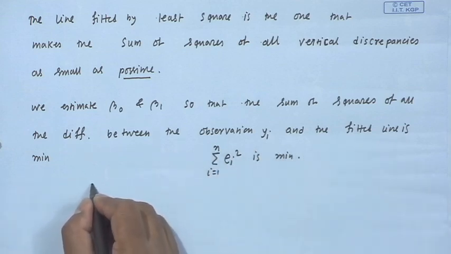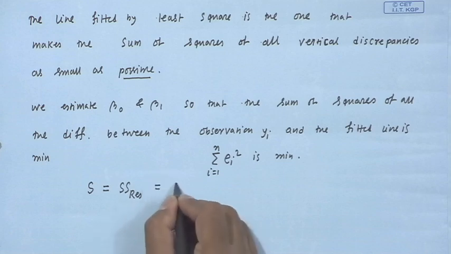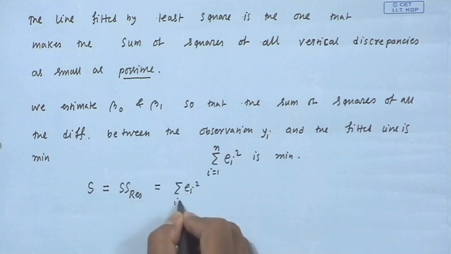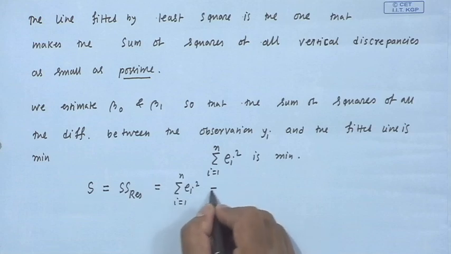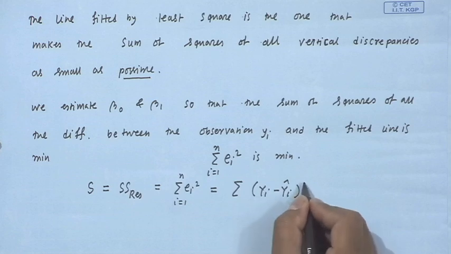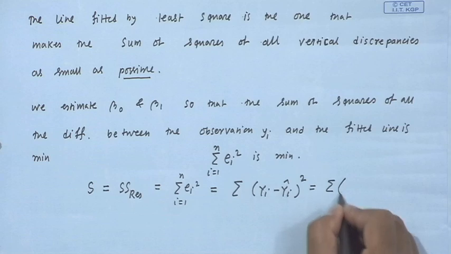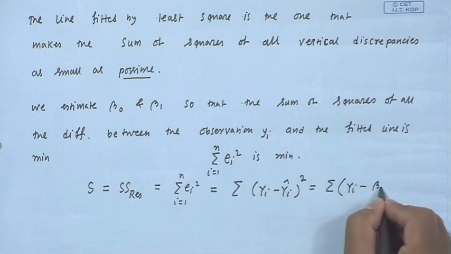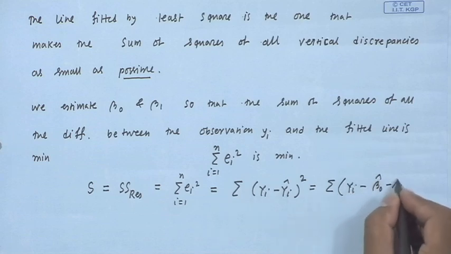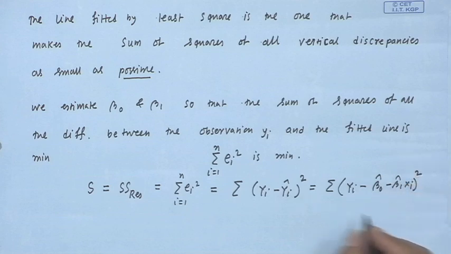That means S, which is nothing but SS residual, sum of square residual, equal to summation e i square, i equal to 1 to n, which is nothing but summation y i minus y i hat whole square, which is nothing but y i minus beta naught hat minus beta 1 hat x i whole square, is minimum.